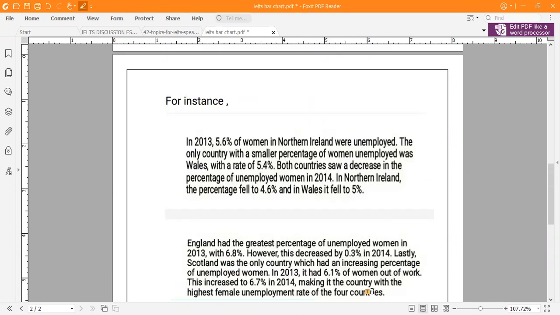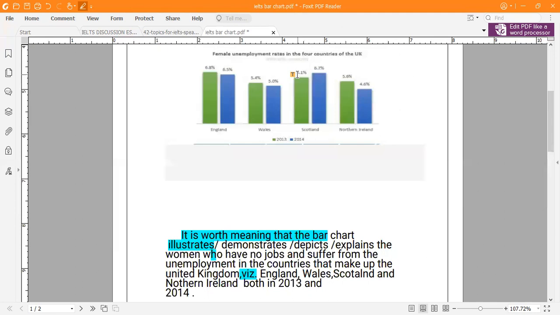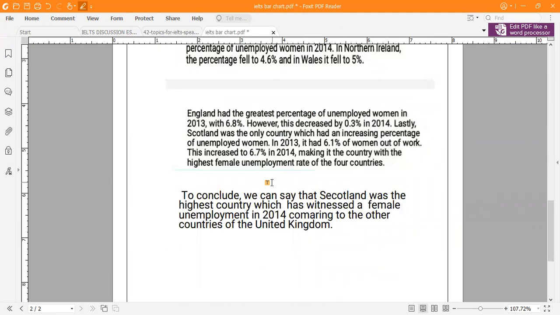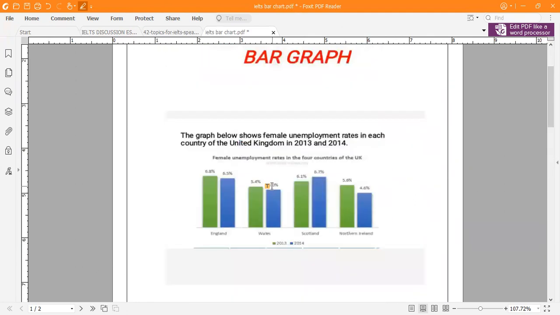In 2013 كانت 6.1. في 2014 طبعا ارتفعت. In 2014 it increased to 6.7, making it the country with the highest female unemployment rate of the 4 countries. الآن أخذنا هذه كل دولة لحالها. إذا هذا هو التحليل.